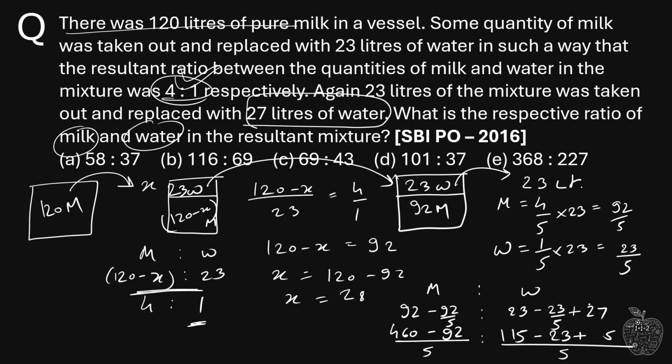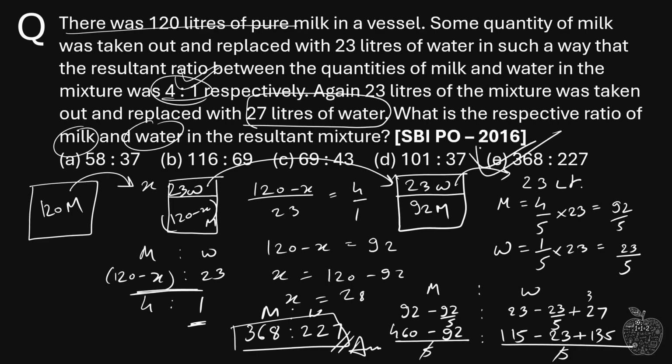So here after doing the calculations, 5 gone. So 460 minus 92 gives me 368, and 115 plus 135 minus 23 gives me 227. So this is the final ratio of milk and water in the resultant mixture, which is 368 is to 227, and this is our required answer. Here option E is the correct one.